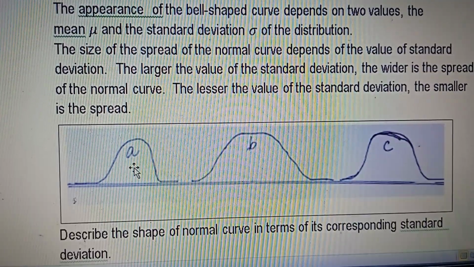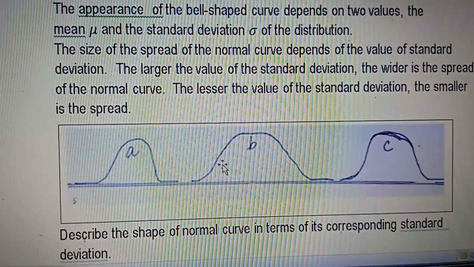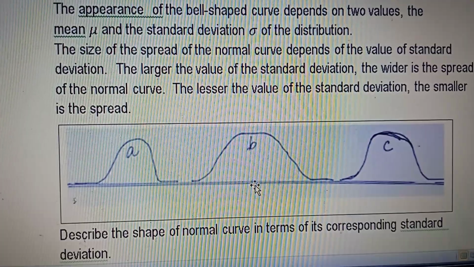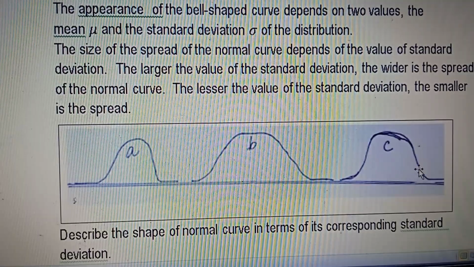Like here, in these figures A, B, and C, figure A has a smaller spread, so it has a small standard deviation. B has the widest spread among the three, so it has the biggest standard deviation. And C is medium in size, so it has a medium standard deviation.